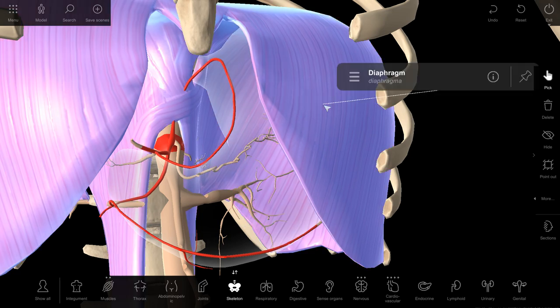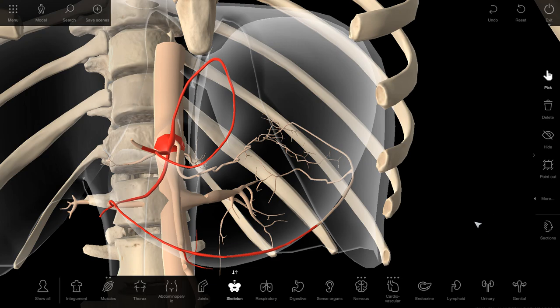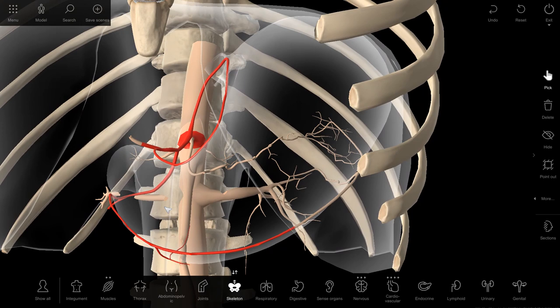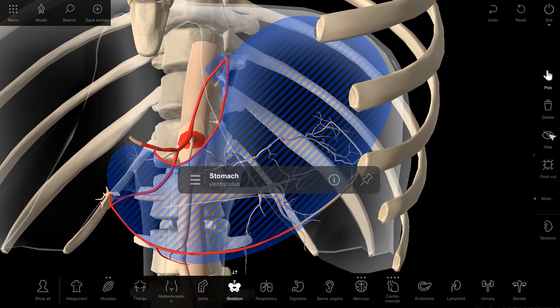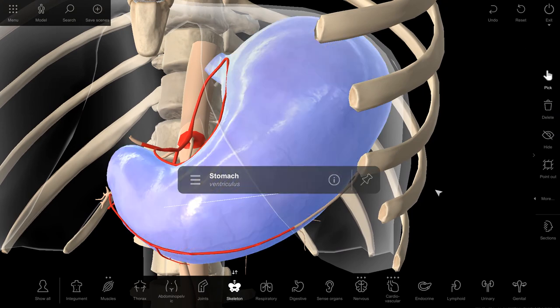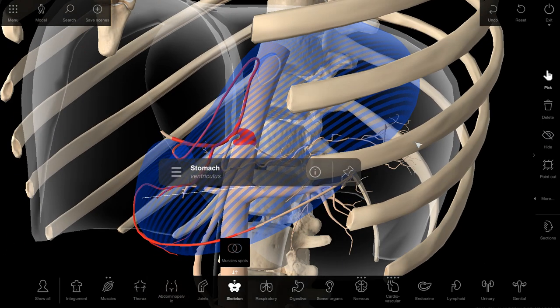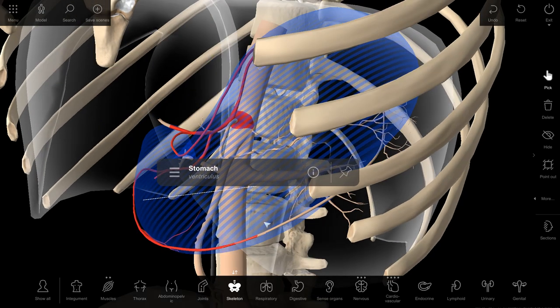So let us hide the diaphragm, the stomach make visible. So curvatura ventriculi major is this convex part of stomach, and here we can find two arteries.